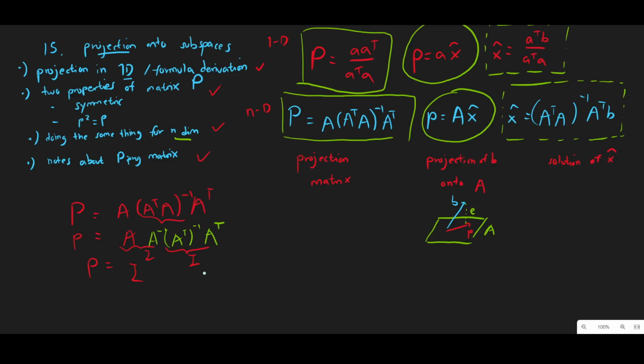Now we are agreeing that A is not a square full rank matrix. So we always work with this formula keeping in mind that A is rectangular, which is m by n, with usually m not equal to n.